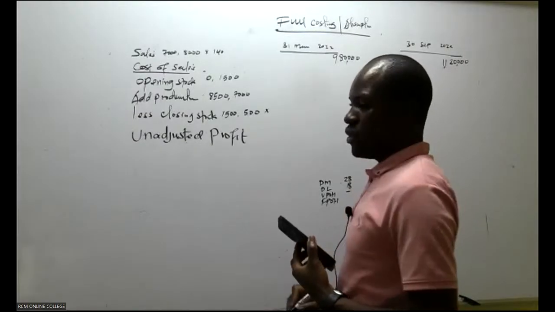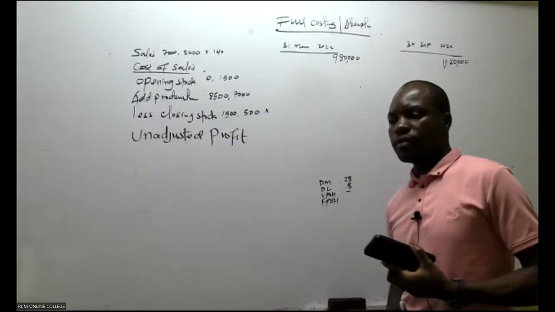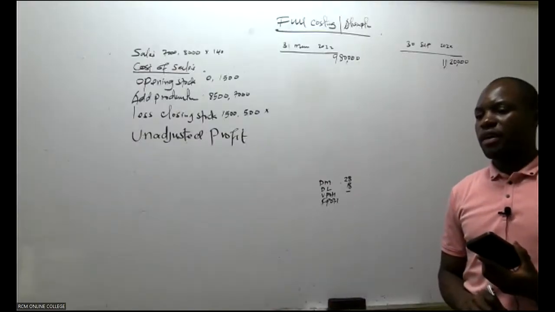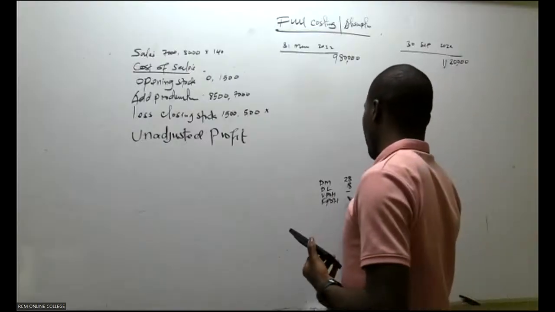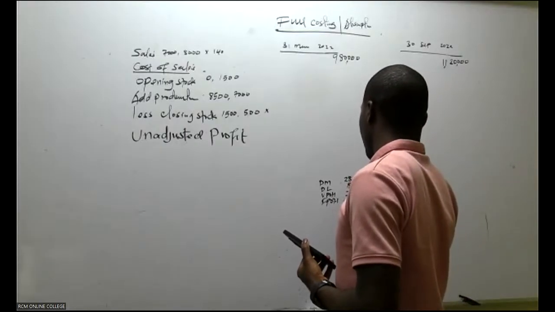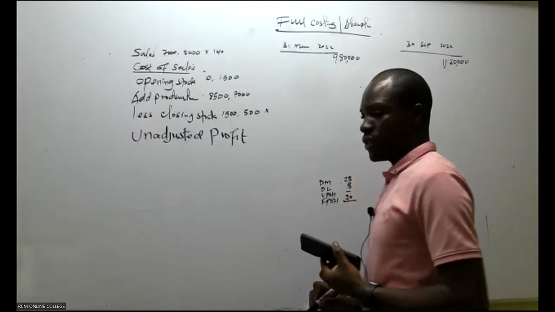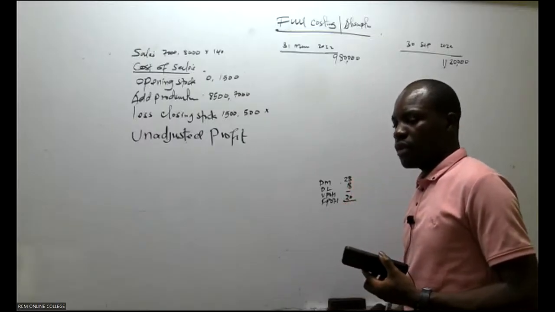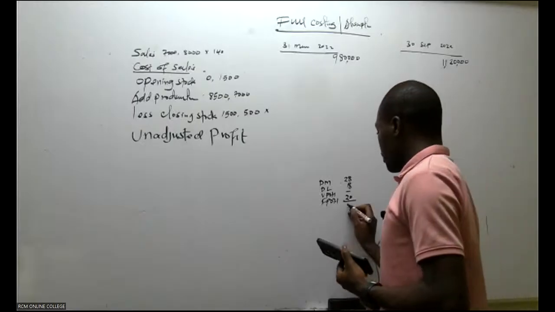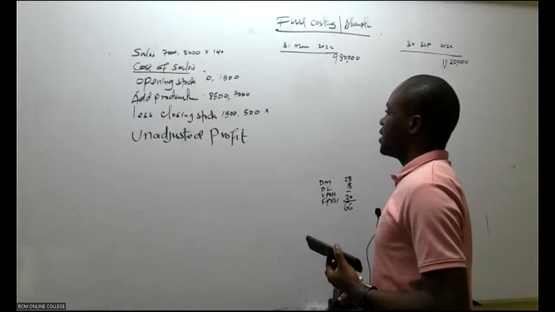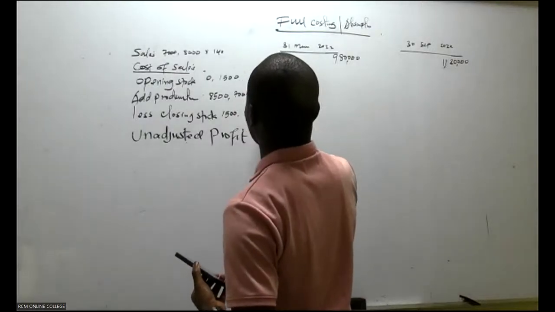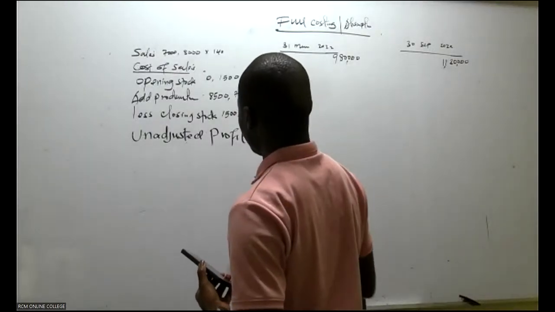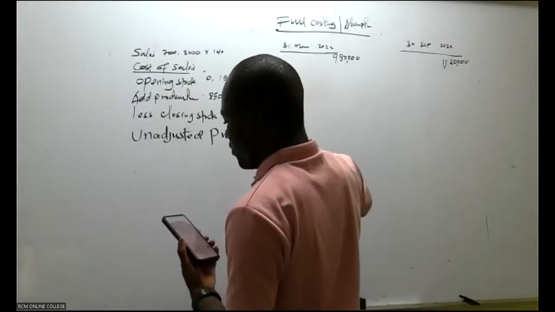And fixed production overhead per unit, what were we given? It is 20 per unit. Now, when you add everything, what do you have? It is the production cost. What will we have? 66. So that's what you're going to use for the production and also for the closing. So go ahead and give me the figures.